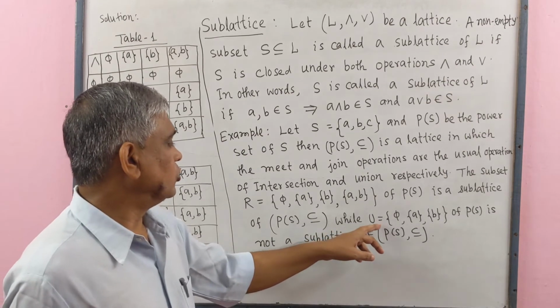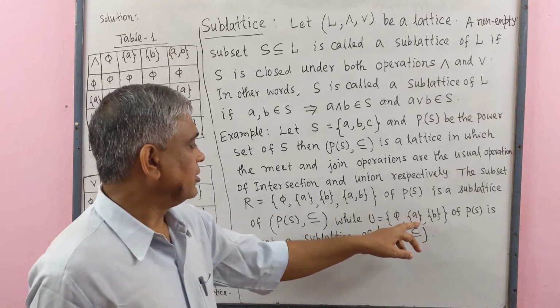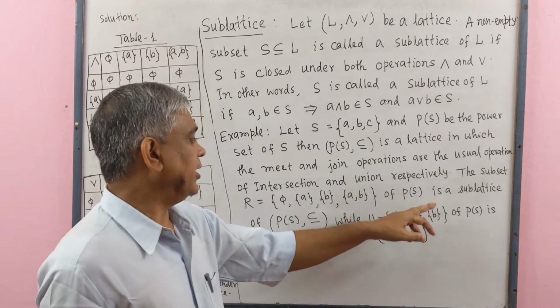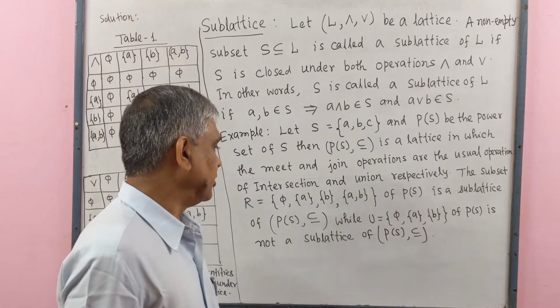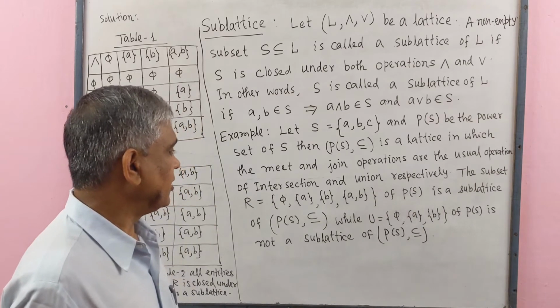Now, U is a set containing elements phi, {a} and {b}. U is a subset of P(S).